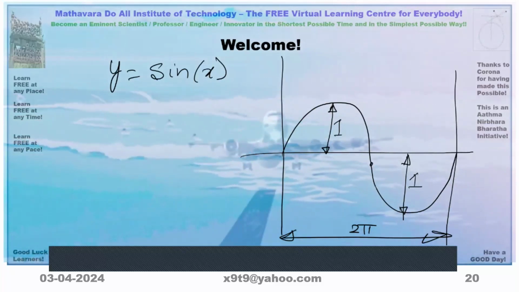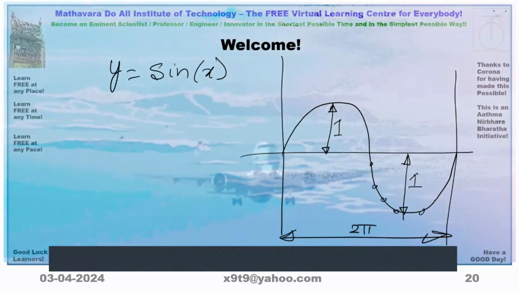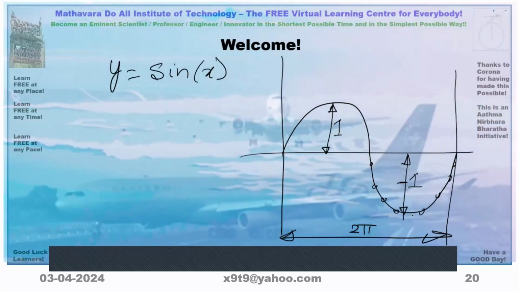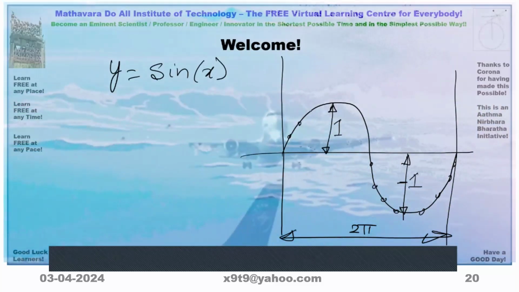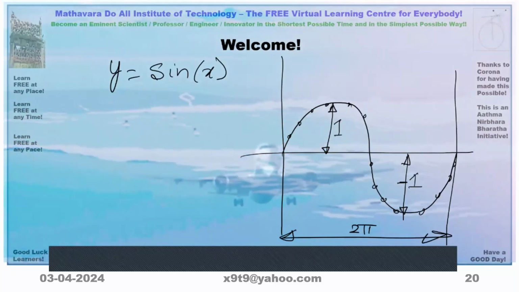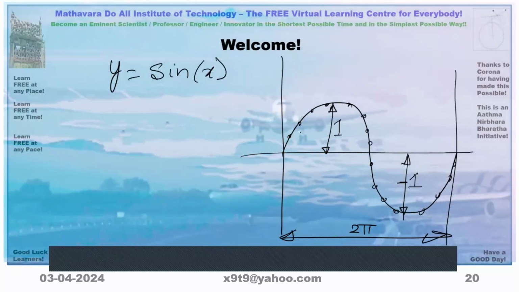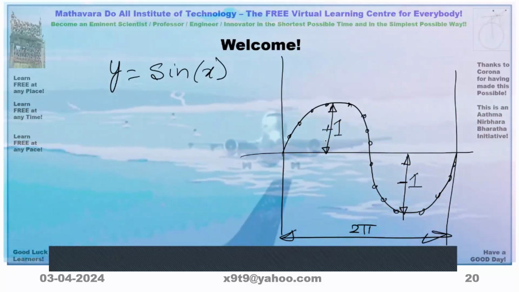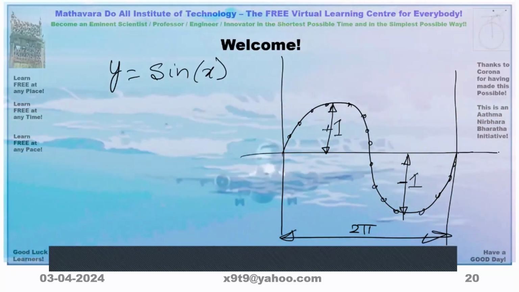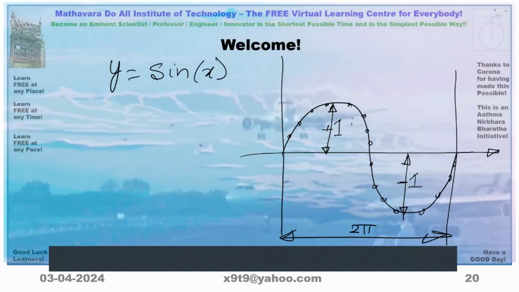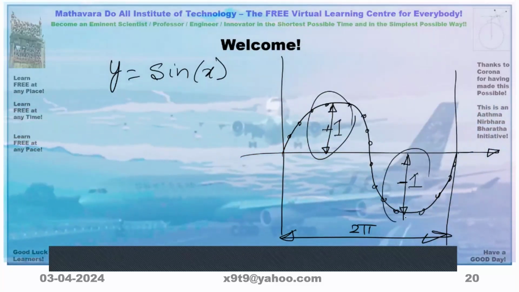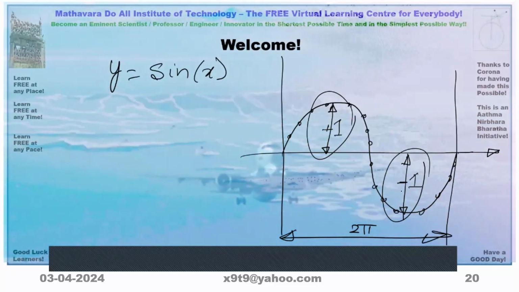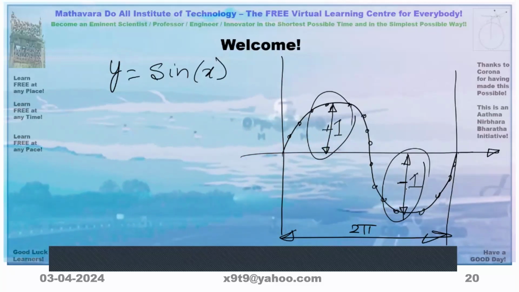These points are below the x-axis. So these values will have a negative sign. All these points are above the x-axis. So therefore, they will have the positive sign. So equation of this line, we have to add this plus this divided by 2. So plus 1 plus minus 1 divided by 2 means 0 by 2 is 0.